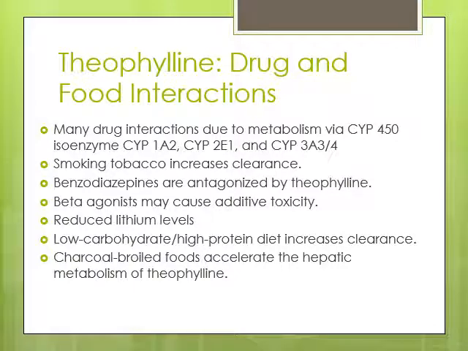Now, with theophylline drug and food interactions, there are many drug interactions due to metabolism via the CYP450 isoenzymes CYP1A2, CYP2E1, and CYP3A4. Smoking tobacco increases clearance, so you have to look at this if a patient increases, decreases, or stops. You may have to change dosing a little bit.